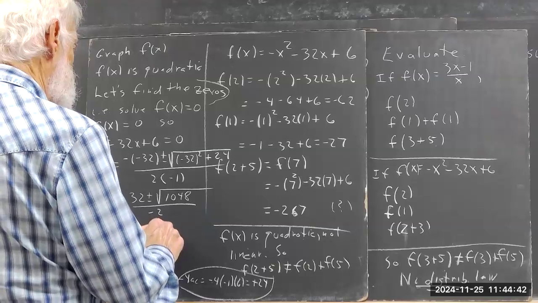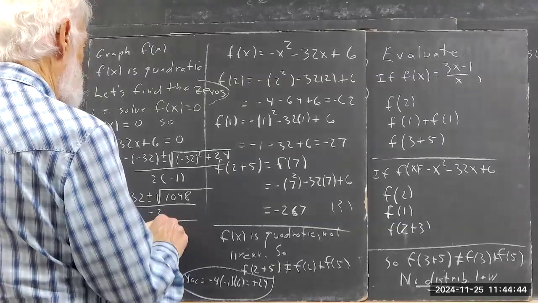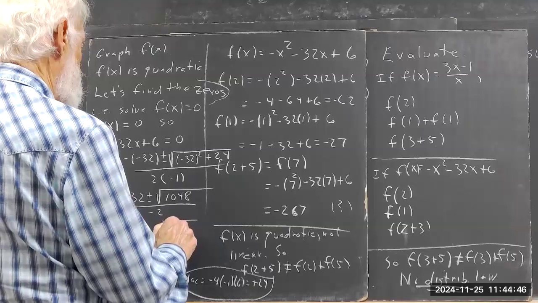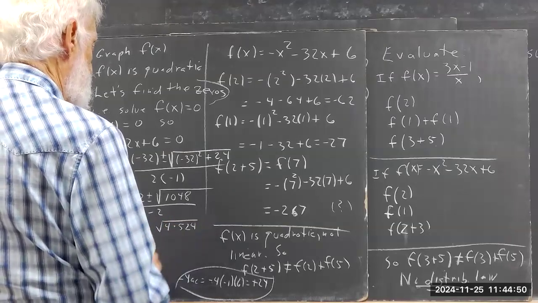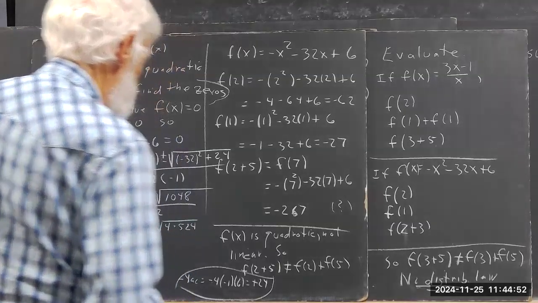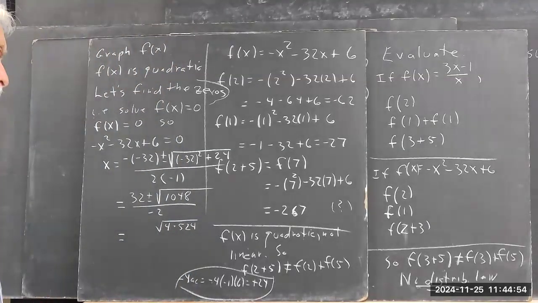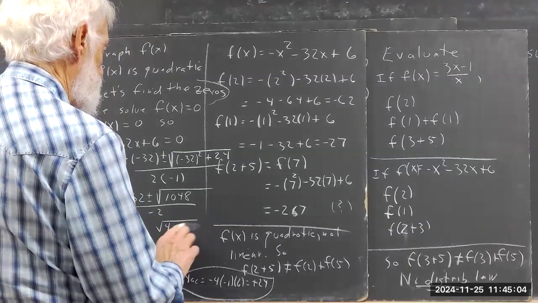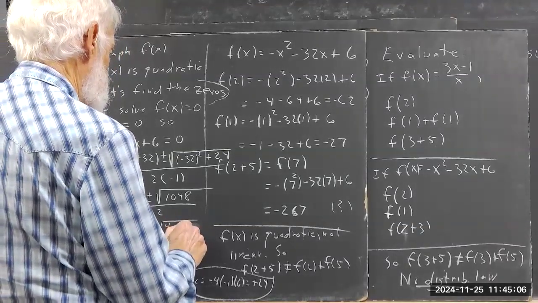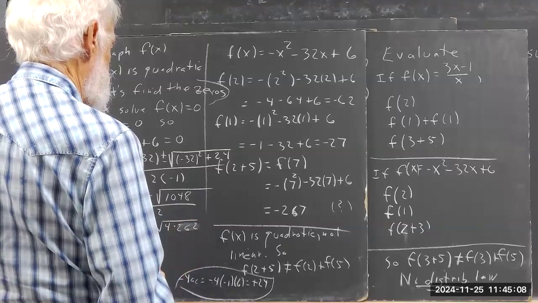It could be written as the square root of 4 times 524. Now, why didn't this work? It's half of that, 262.